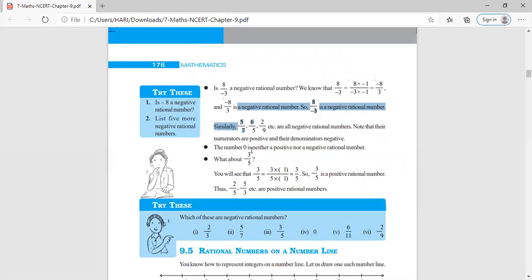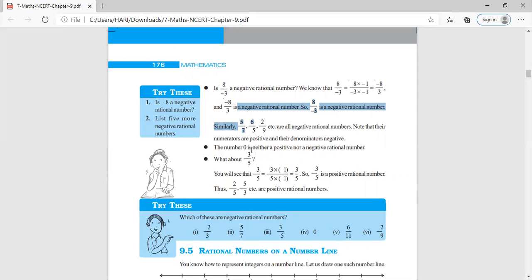So rational numbers can be classified into three types: positive rational number, negative rational number, and zero rational number.